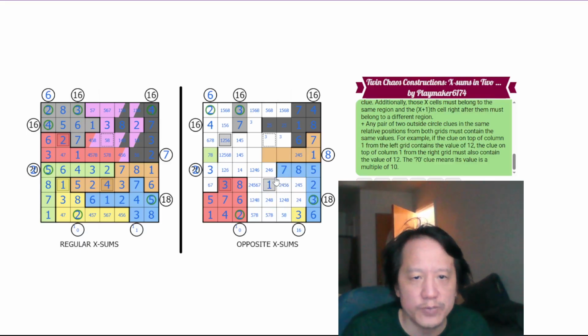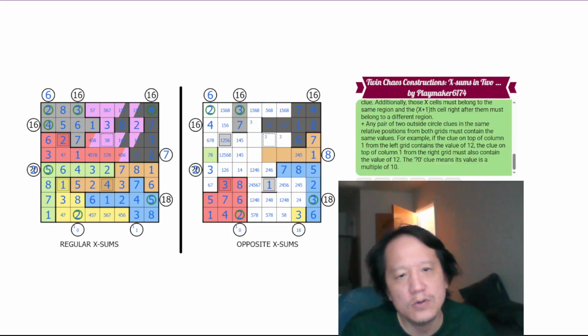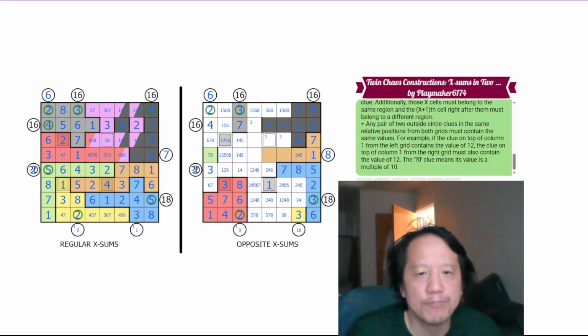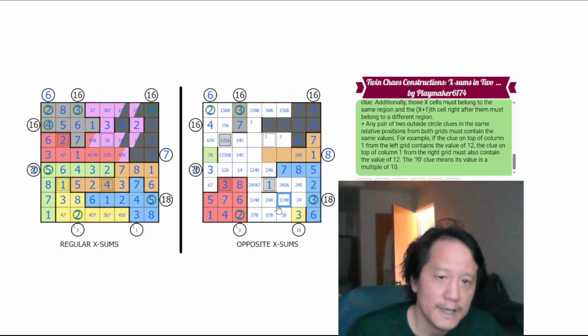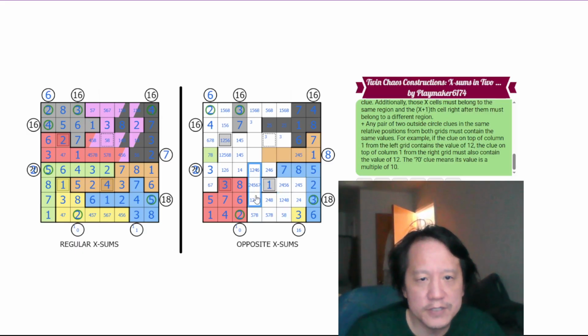So this has a border here and here. Okay. It could be part of blue. 1, 2, 3, 4, 5, 6, 7, 8. Yes, it could still be part of blue. This has to go out here.